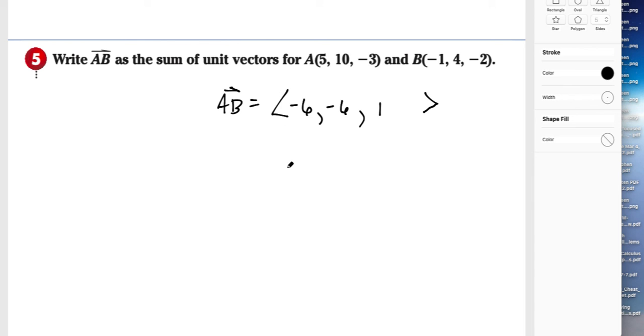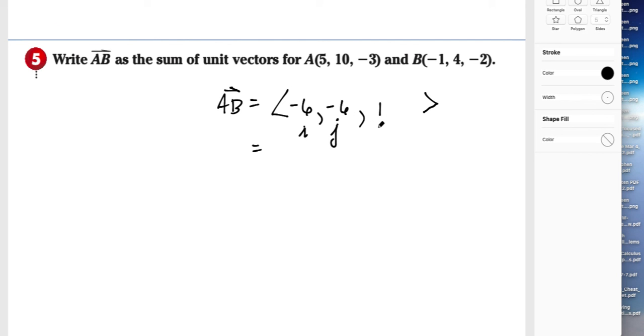Now what we're going to do is recognize that each of these components gives me my unit vectors. Remember, my unit vector for the horizontal was i, and my unit vector for the vertical was j, and that stays the same. When I'm thinking about the x direction, it's i. When I'm thinking about the y direction, it's j.